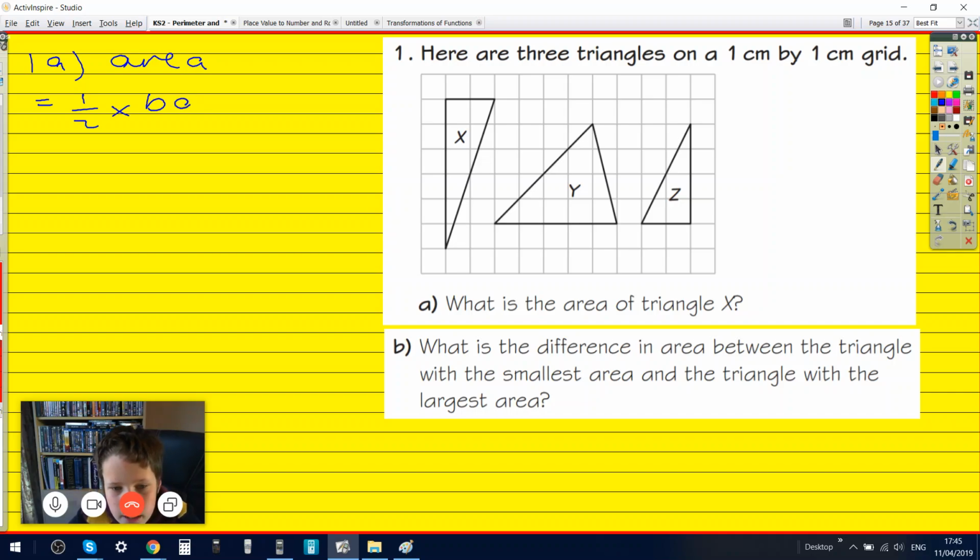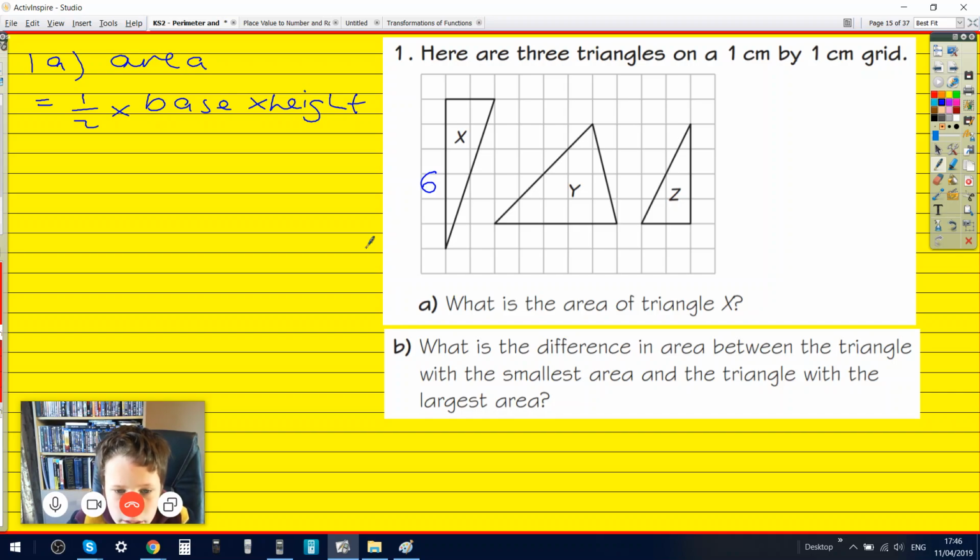And so the long line going upwards is 8 centimeters long. I believe it's 6. Oh yeah, 6 centimeters. And then the base is 2 centimeters wide.